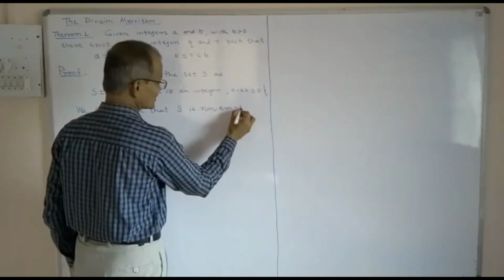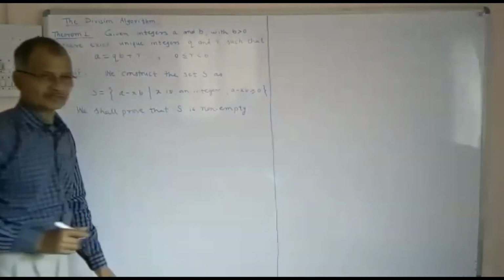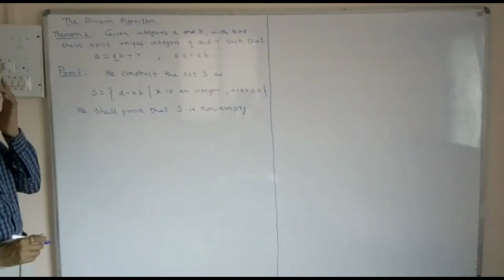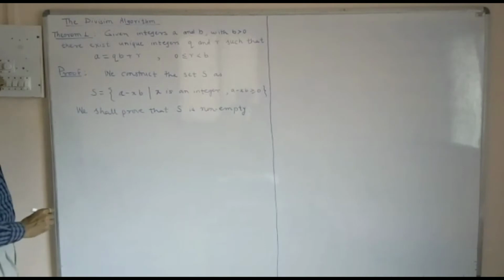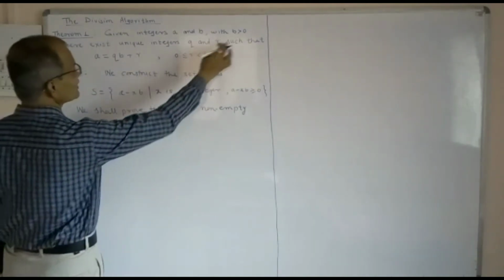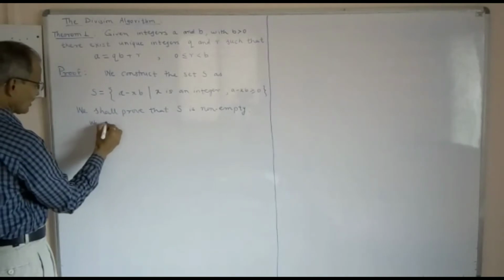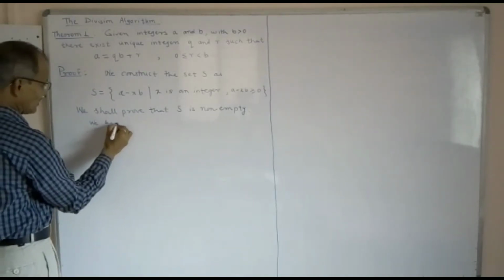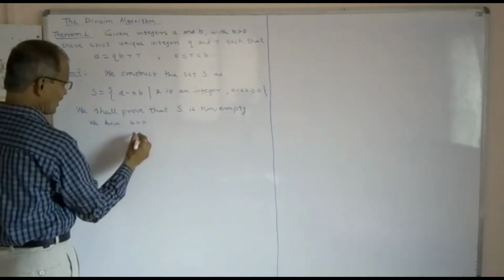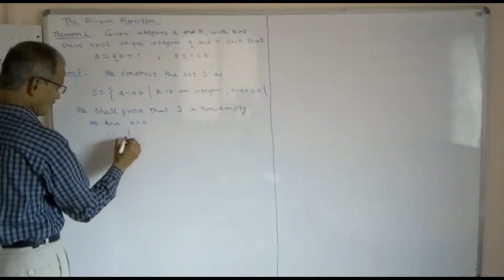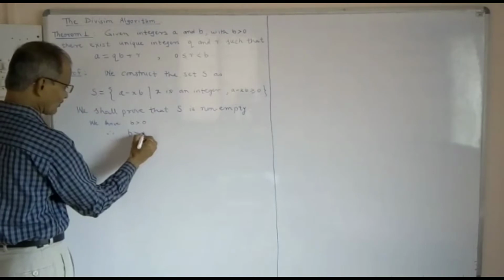That means S must contain at least one element. Then it will be non-empty. So for that purpose, we will consider B greater than 0, and therefore B is greater than or equal to 1.